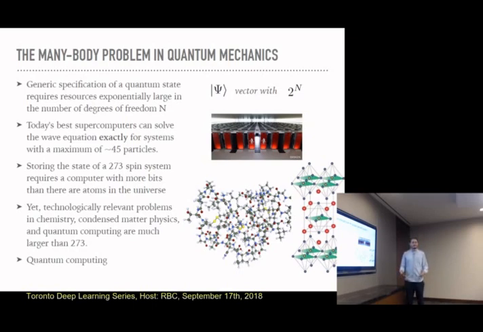But very important technologically relevant problems in chemistry, condensed matter, and quantum computing are just way larger than 273, right? So what do we do about that? One idea is to use quantum computers, but as Peter mentioned, they don't work, or as he suggested.